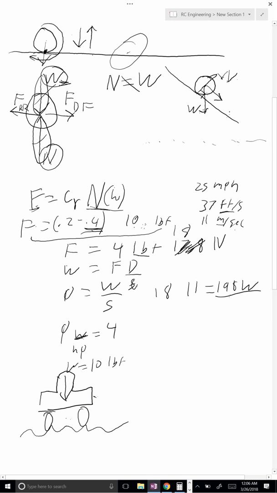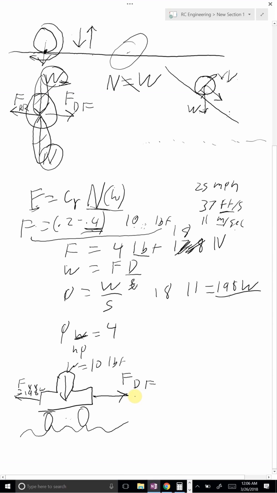Okay, so you get the idea. So now we're adding this driving force forward, and then we have a force of rolling resistance, and the force of rolling resistance is equal to 198 watts.